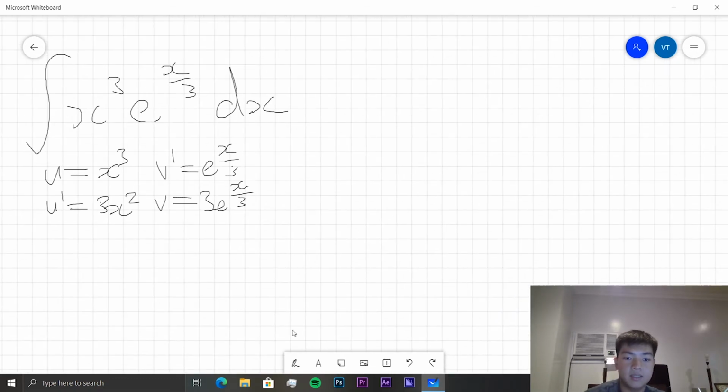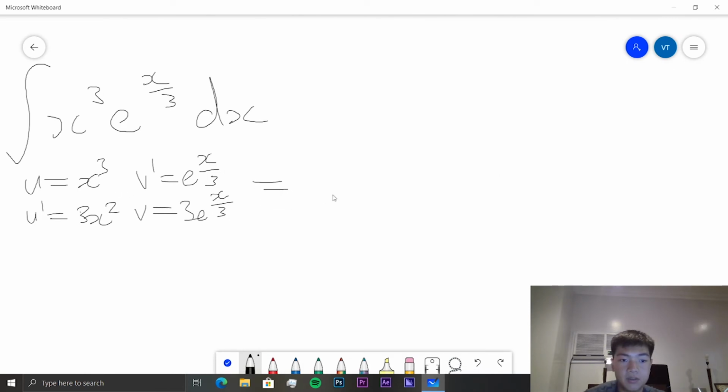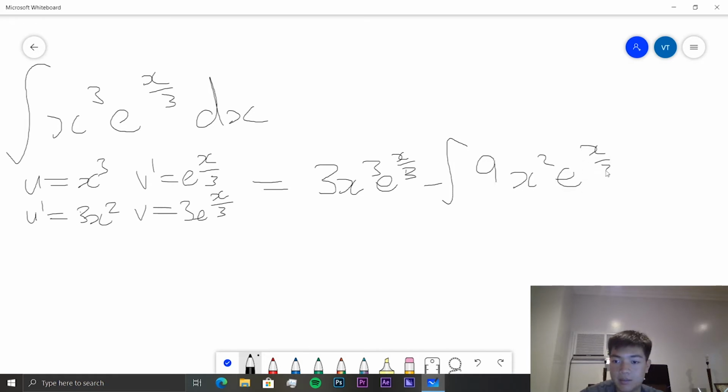So this is all equal to uv, which is 3 times x cubed e to the x over 3, minus the integral of u prime v. So this is 9x squared e to the x over 3.